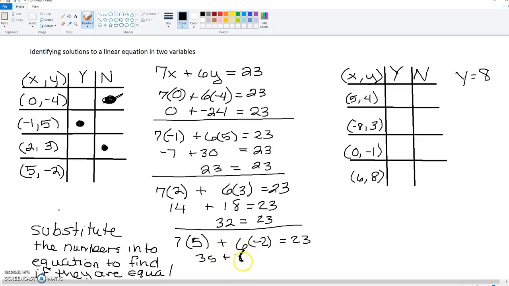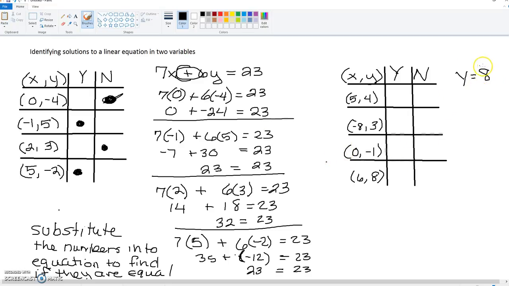Plus, I'm going to go ahead and put it in parentheses, because whether you put 35 minus 12 or you do 35 plus a negative 12, you're still going to be subtracting these, and that gives you 23 equals 23, and so this one does. So we'll mark yes. The key to this is making sure that you're paying close attention to the signs, especially if they decide to put a negative here in the middle. So please note that as you're working on these.